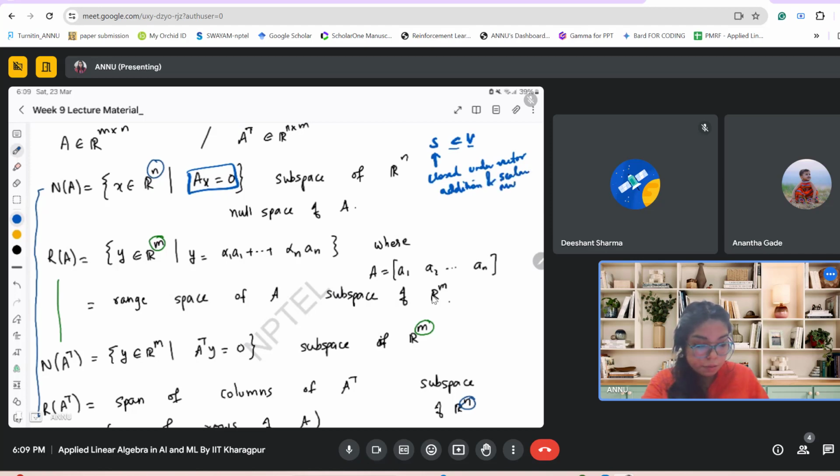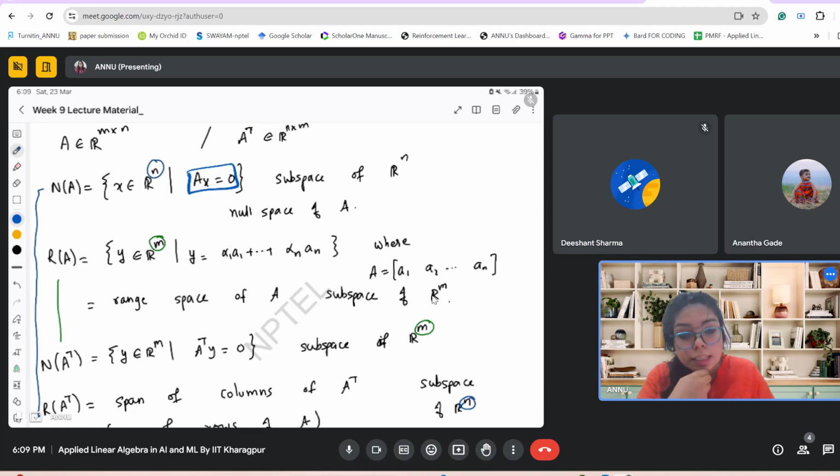Moving ahead, these are the things that we discussed previously. But if you go to the row space, it means all elements y equal to alpha 1 a1 plus so on, plus alpha n an. So the range of all the linear combinations of the columns of any matrix A will be the range space. Sorry, range space, not row space.